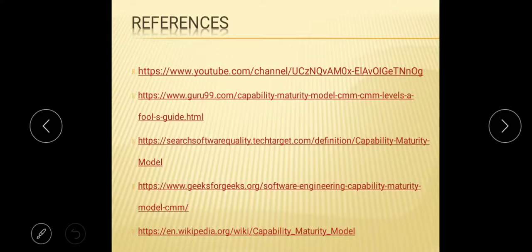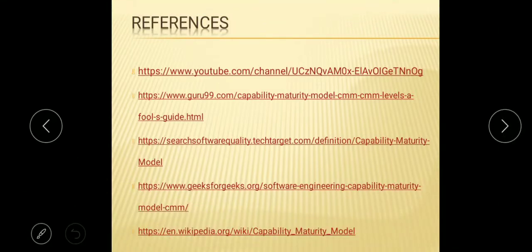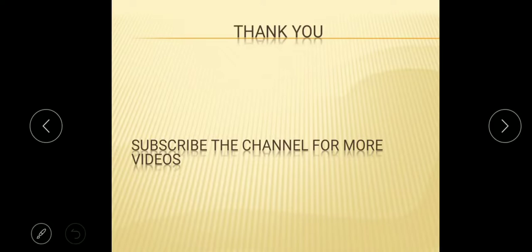Now, these are all about the basics of CMM. These references are very helpful. I have taken help to build this tutorial and build these slides from these references. So if you want to know more, or want to know the details regarding the CMM, you can easily go through these websites, and this will be really helpful, I think.